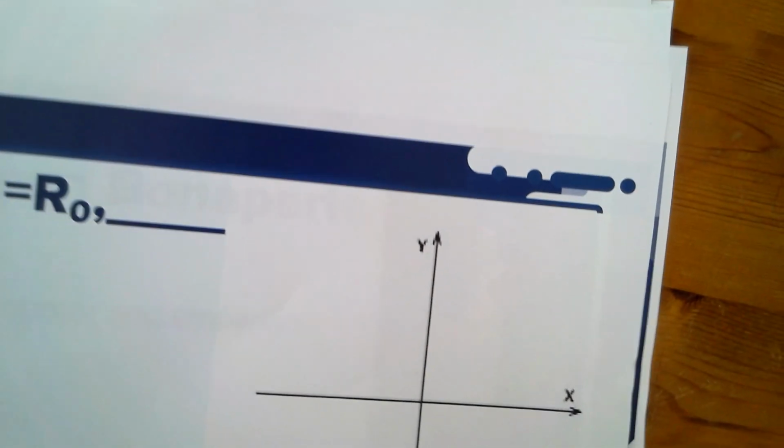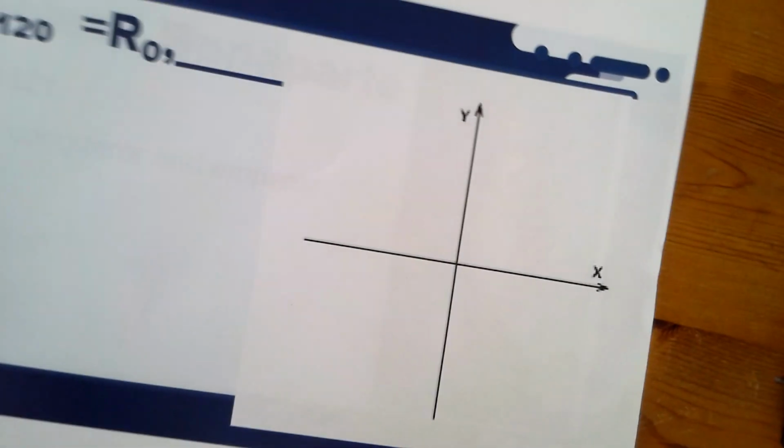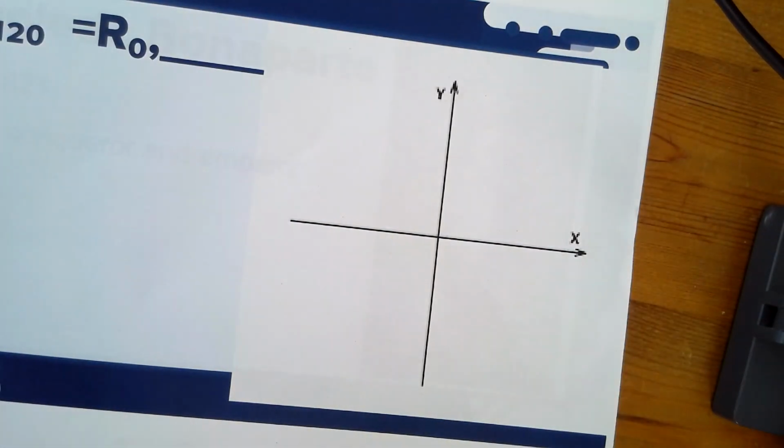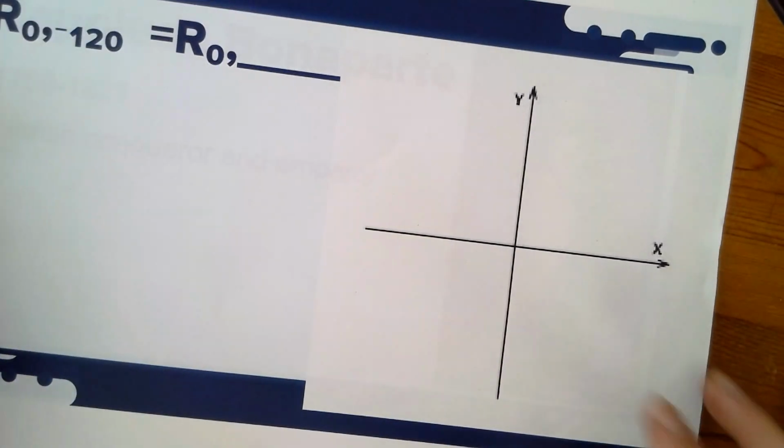So first, quick recall: how to rewrite an angle or a rotation with an angle that's between 0 and 360.